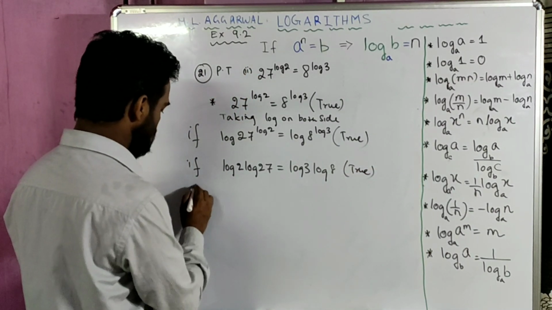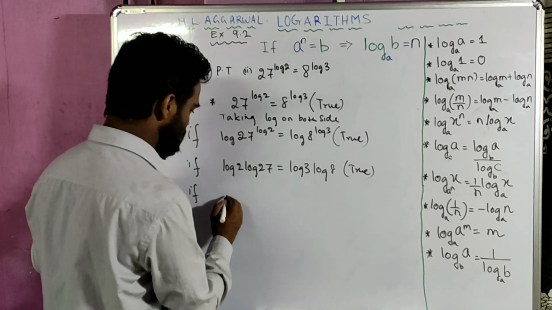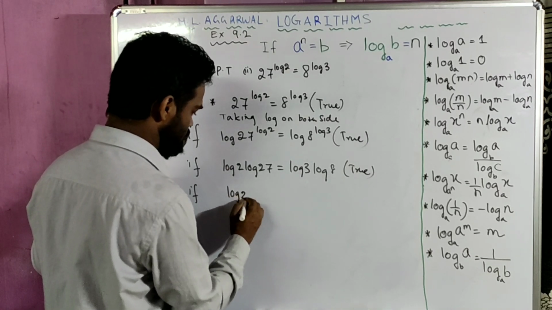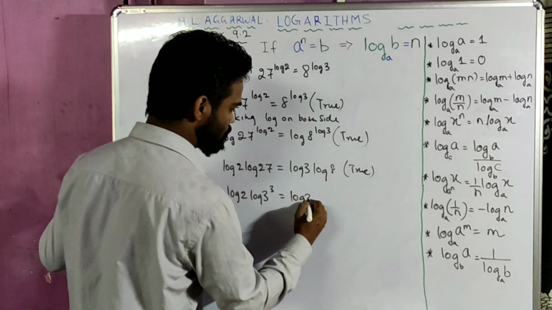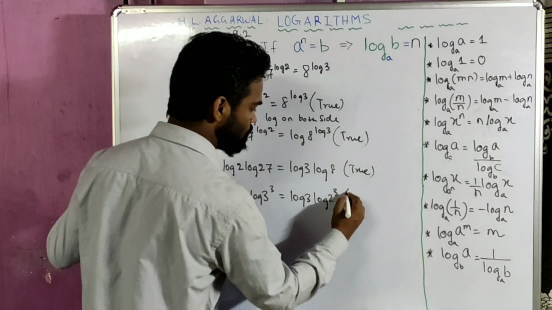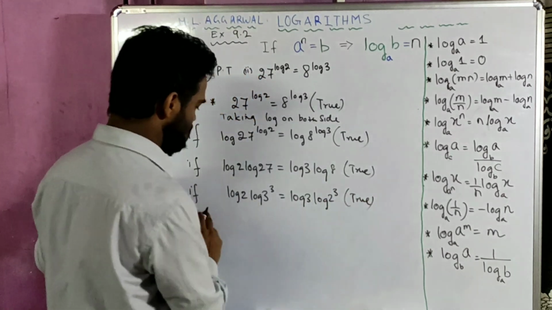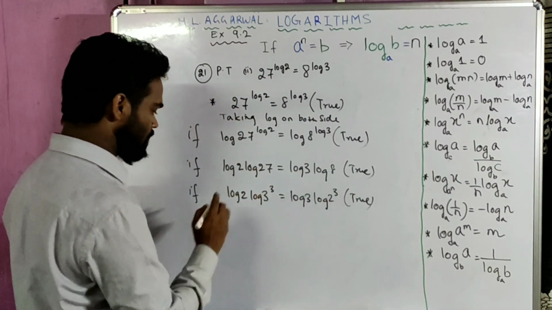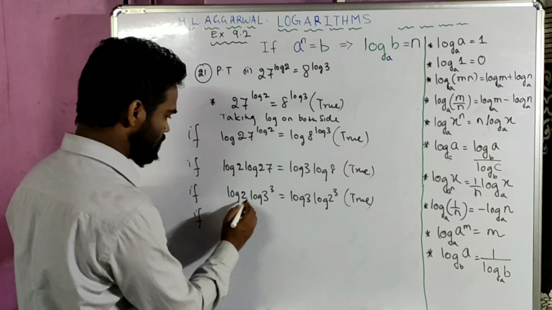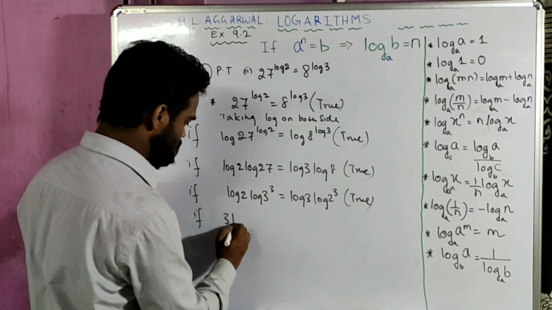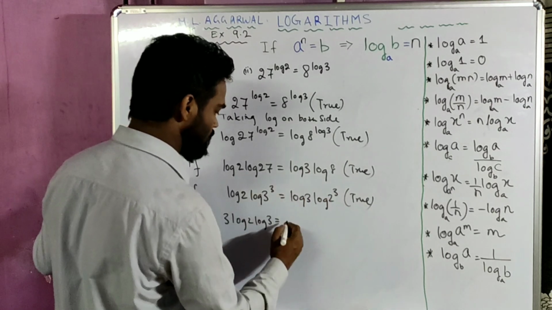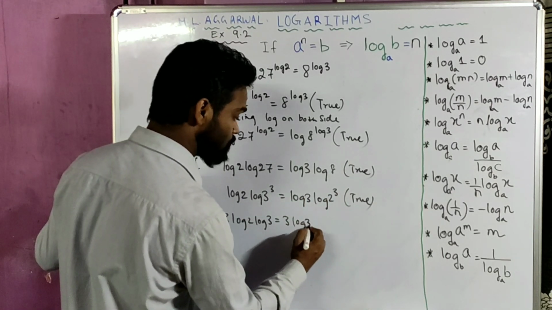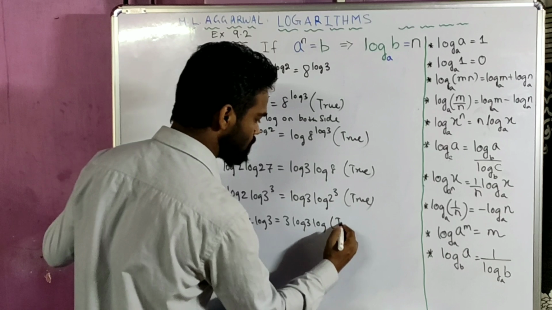Now look over here. We can write this as log 2 log 3 cube equals log 3 log 2 cube. So if this is true, this has to be true. Clear? Now look carefully, 3 comes in front, so this is 3 log 2 log 3 equals, this 3 comes in front, 3 log 3 log 2.